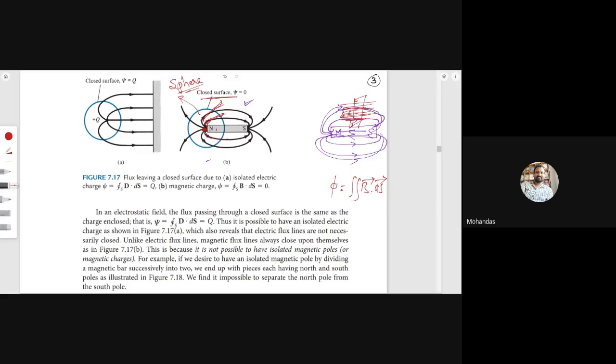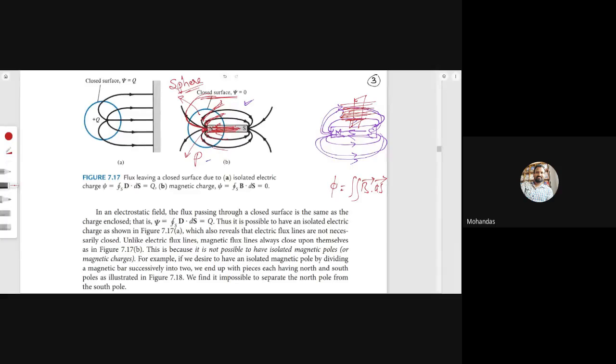And here also the flux lines are leaving. What about this inside, south to north? What is happening here? At this particular point P, if you observe clearly, some number of magnetic flux lines are leaving through this closed surface, and the same number of magnetic flux lines are entering into the closed surface.